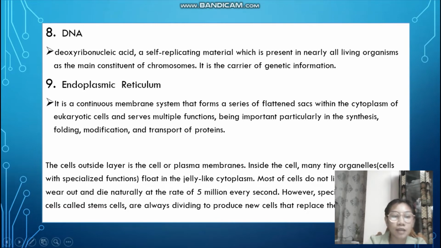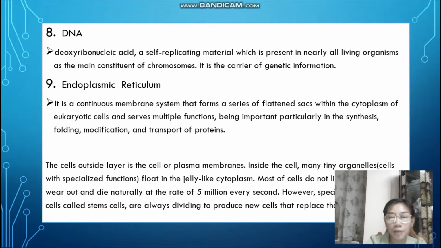And last is the endoplasmic reticulum or ER. It is a continuous membrane system that forms a series of flattened sacs within the cytoplasm of eukaryotic cells and serves multiple functions, being important particularly in the synthesis, folding, modification, and transport of proteins. Therefore, the cell's outside layer is the cell or plasma membrane.